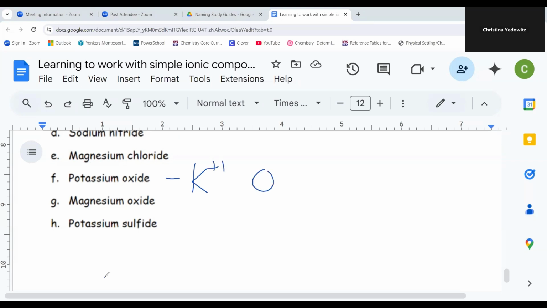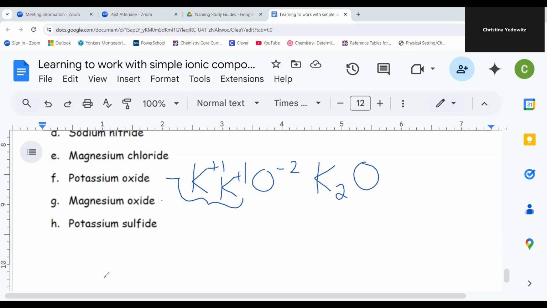Oxygen's in group 16. He's got a -2 charge. In order for me to win the game, I'm going to need another player who also has a +1 charge. So I'm going to pull another potassium off the bench, out of the crowd, and I'm going to pair them off. I'm going to be a matchmaker. Then I'm going to go ahead and count. I had 2 potassiums to accomplish this. So this is K2O.